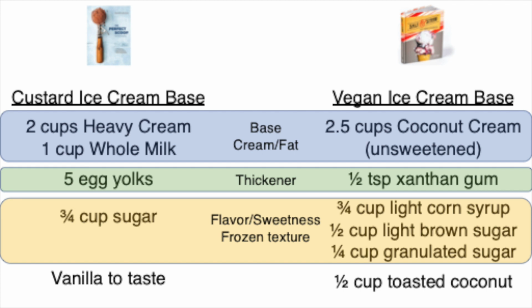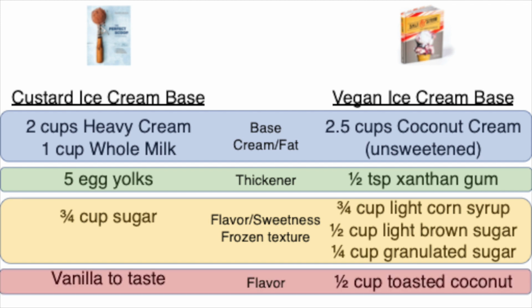Gelato is served at a higher temperature, and because of that, you don't need to add as much sugar to it. That sugar helps to keep the ice cream soft at a lower temperature. So if you're serving at a higher temperature like you do with gelato, you don't need to add as much sugar.